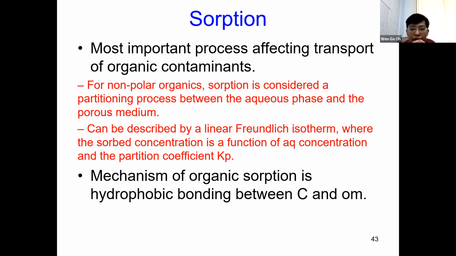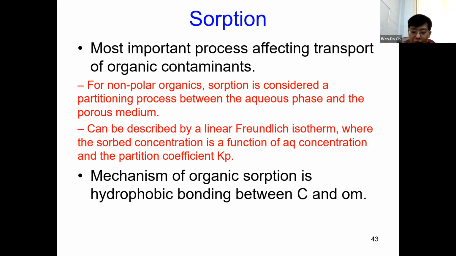If you look at the environment, we have a lot of different adsorbents. Okay? All those natural materials like clay, carbon structures in the water. Sometimes you have different kinds of minerals, right? So all these are capable of acting as adsorbents, right?